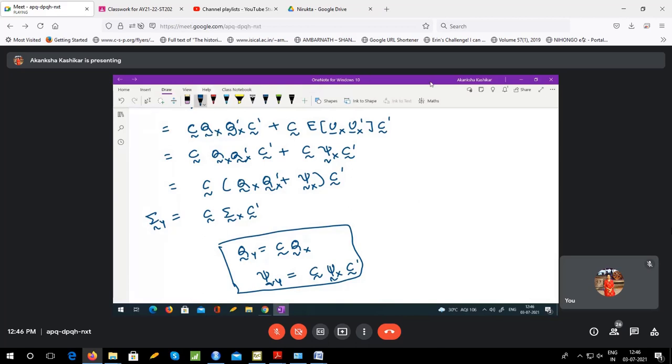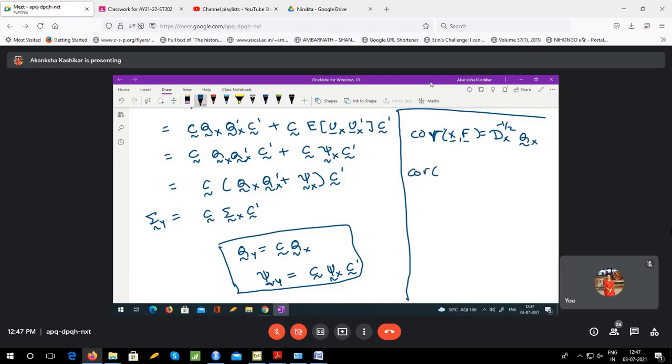And we also need to see what happens to the relationships between original variables and the factors in both the setups. We have already computed correlation between x and f, and we have found out that that would be dx raised to minus half qx.